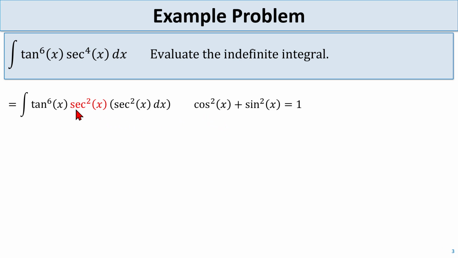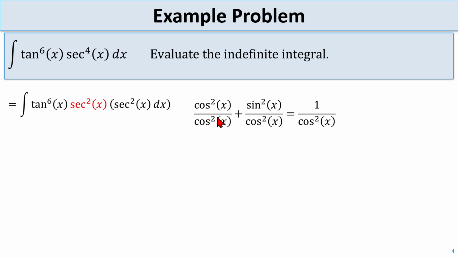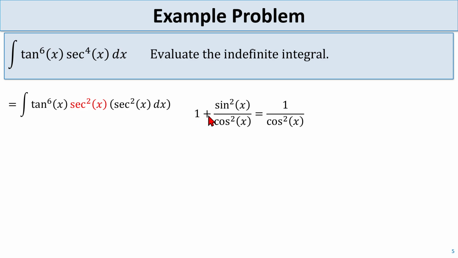I want to get a secant squared involved, so I'm going to divide both sides by cosine squared, because secant squared is the same as 1 over cosine squared. So I'm going to divide every term by cosine squared. Cosine squared over cosine squared is just 1.